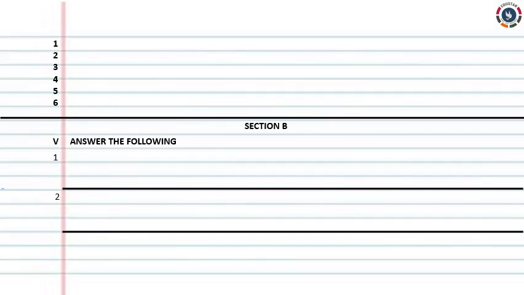For question and answer alone, after completing one question, draw one line. Neat presentation is very important. Is it clear, students? And for the map also, use only a pencil to mark the continents and oceans. Is it clear, students?